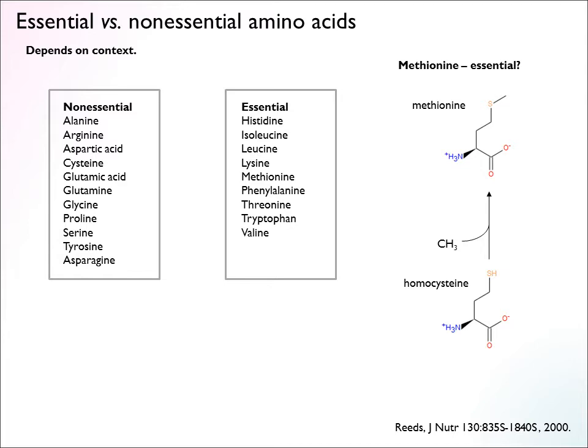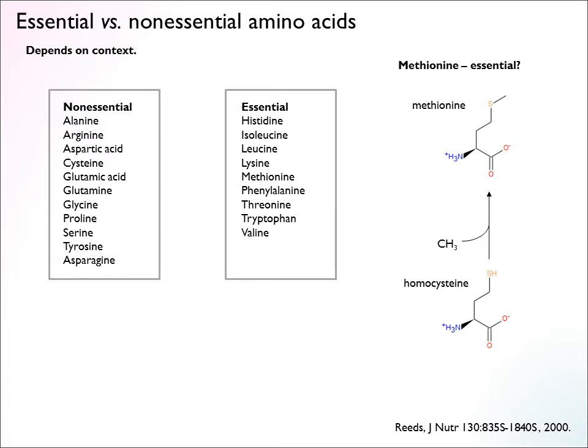So there are a couple of gray areas. Largely, this is the division between non-essential and essential amino acids. If you look at different textbooks, you might find a couple of things that differ. But there are some cases which are gray areas.